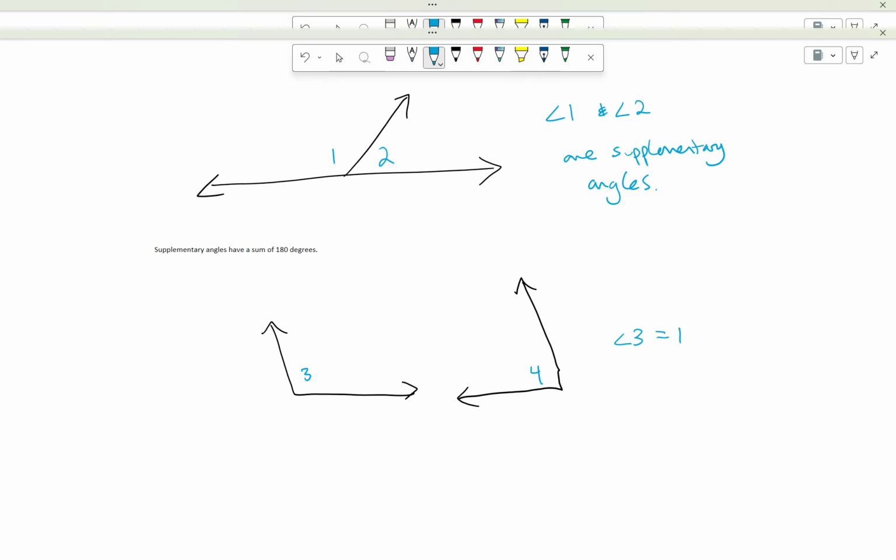Angle 3 here has a degree measure of 100 degrees, and angle 4 has an angle measure of 80 degrees. Very simply, 100 plus 80 is 180. So by definition, angles 3 and 4 are supplementary.